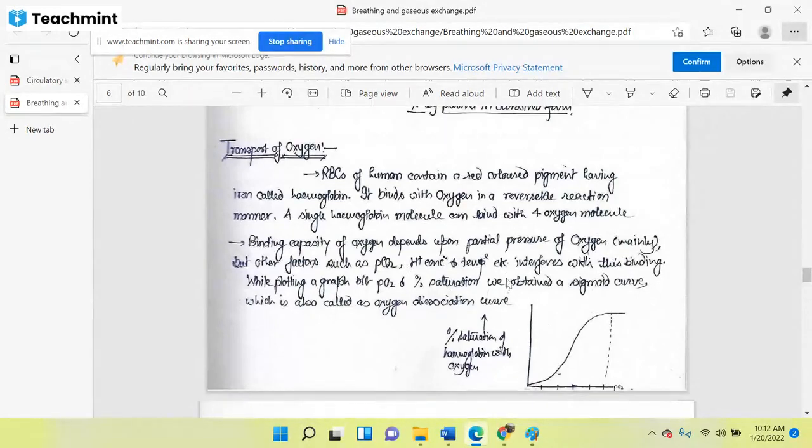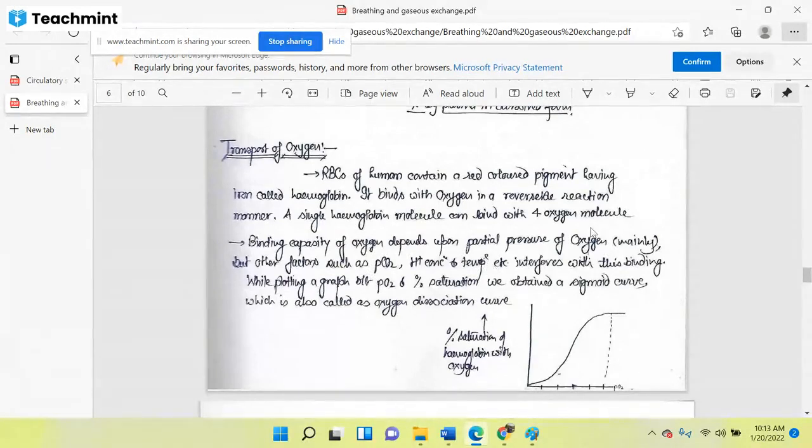Okay, now we'll see this PCO2, partial pressure of carbon dioxide, hydrogen ion concentration, temperature, etc., interfere with this binding. So what happens? Although the partial pressure of oxygen promotes the binding, the partial pressure of carbon dioxide, hydrogen ion concentration, and temperature, all these three factors also regulate its binding, and they interfere with this binding.